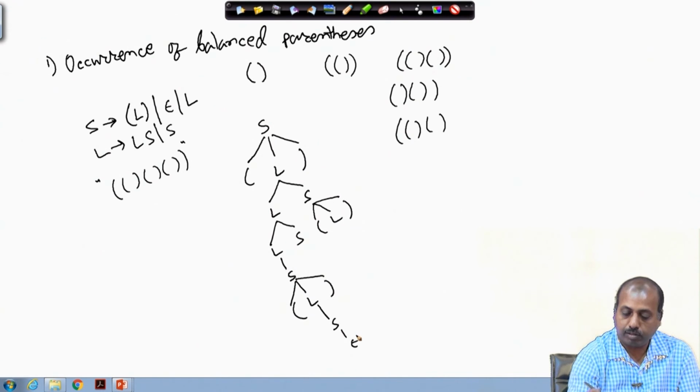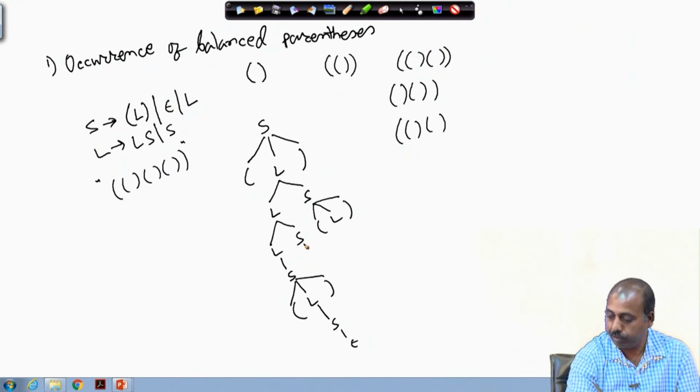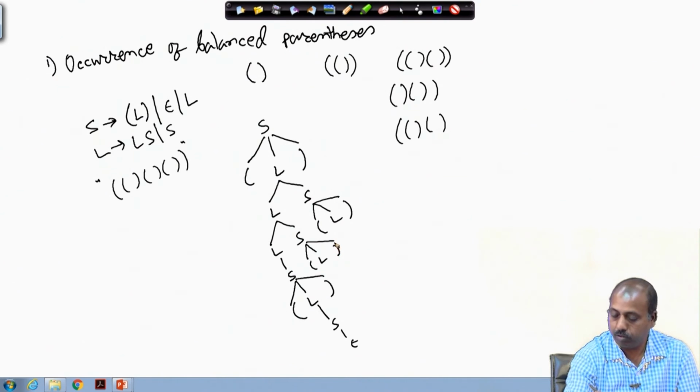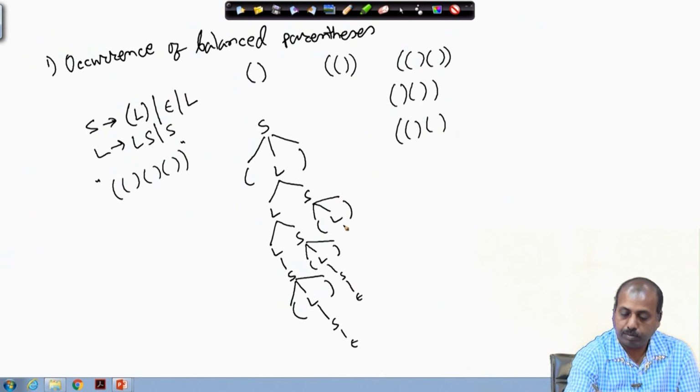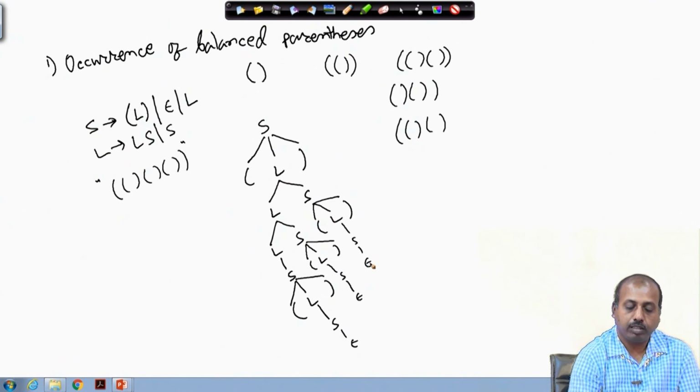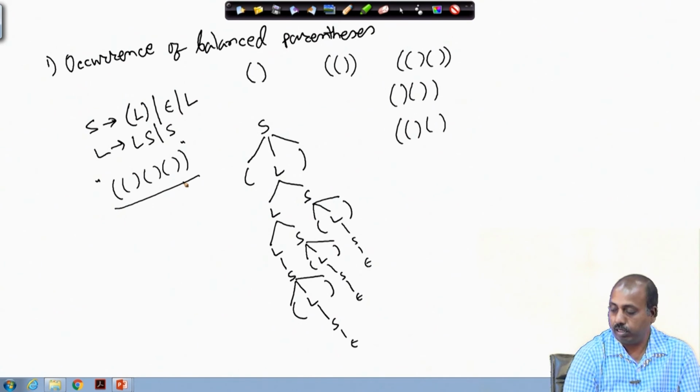Similarly, this S, so that gives us the first part of the parenthesis. Then this can give me bracket start L bracket close, and this L can give me S, and that can give me epsilon. Similarly, this L can give me S, giving me epsilon. This way you can draw the parse tree for this particular expression.